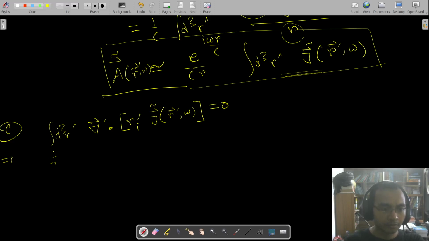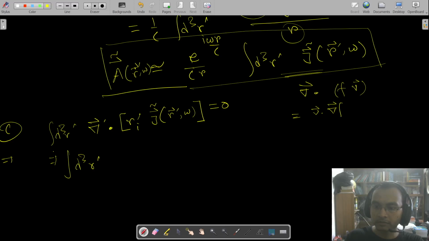We're going to use this identity: the divergence of f times v, where both f and v are functions of the spatial coordinates. If this is the case, then we have v dot gradient of f plus f times the divergence of v.